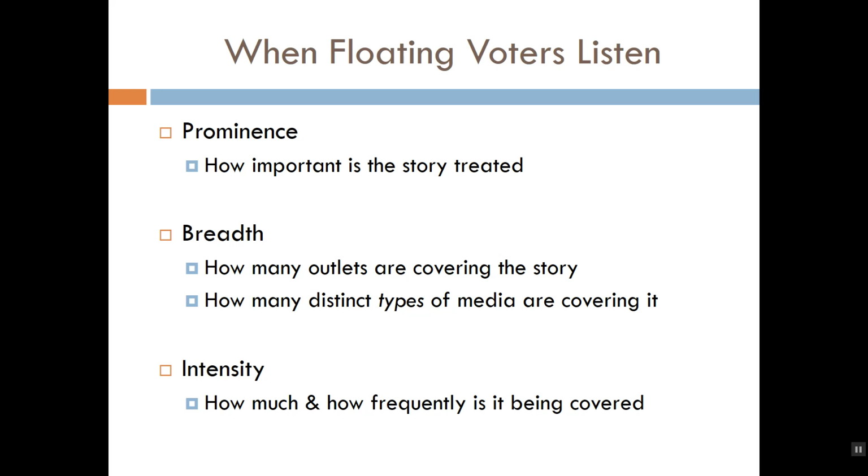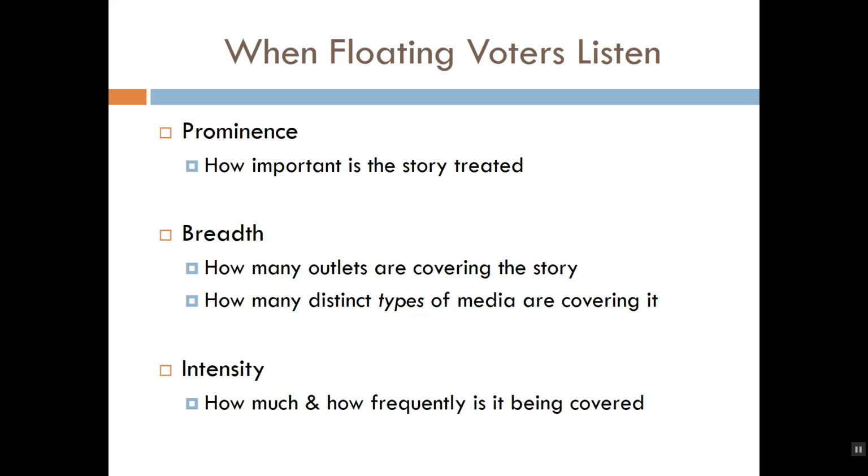But if you're covering it across a variety of blogs and across a variety of technology and across a variety of distinct media outlets, then you're reaching the audiences of all those blogs, of all those media outlets, the audiences of the print media and of the radio and of the internet and of the cable news. And that's a much, much larger group of people. Therefore, it is much, much more likely that just by sheer chance you will happen to reach a floating voter.